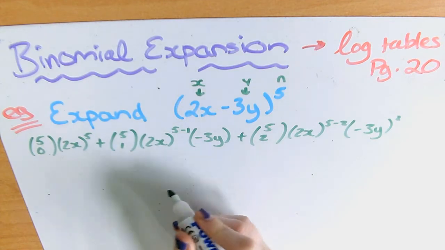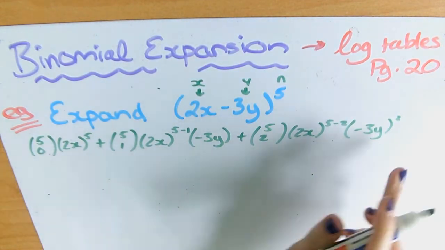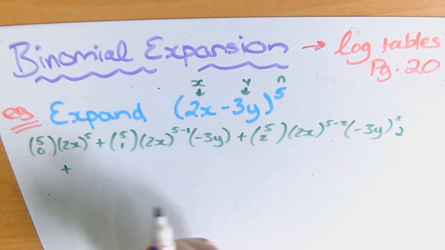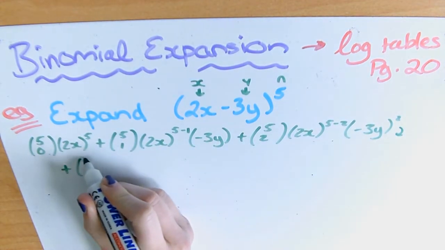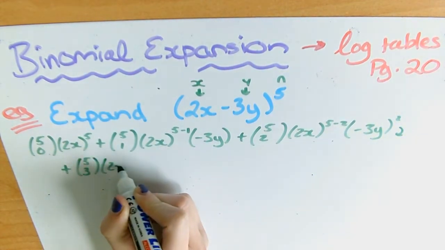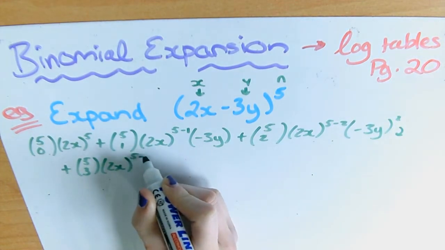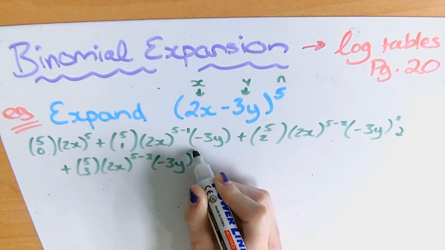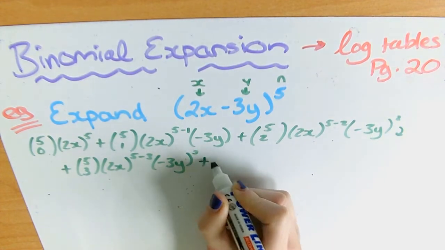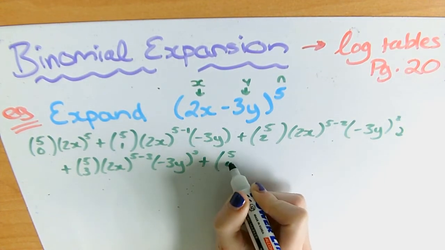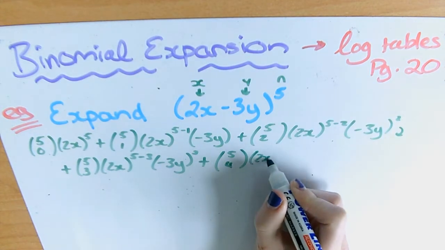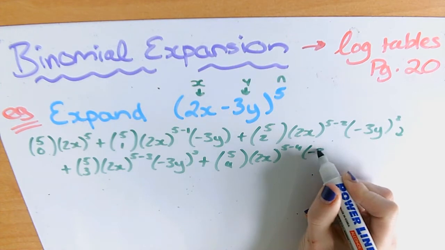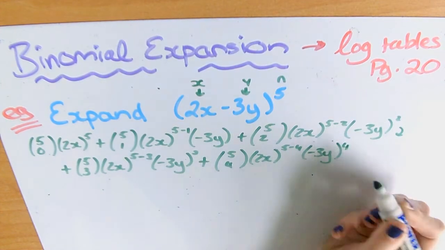Okay? Now I'm going to move down here to continue the sum, so it's still the same sum. Plus, I had 5 choose 2, so now I'm on 5 choose 3, by 2x to the power of 5 take away 3, by minus 3y to the power of 3. Then I have plus 5 choose 4, 2x to the power of 5 minus 4, and minus 3y to the power of 4.